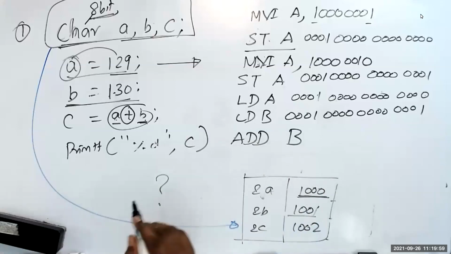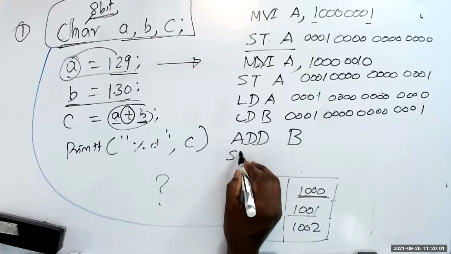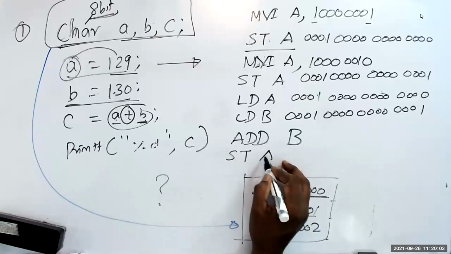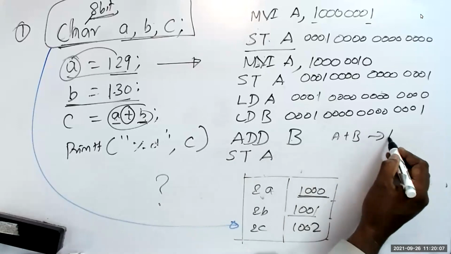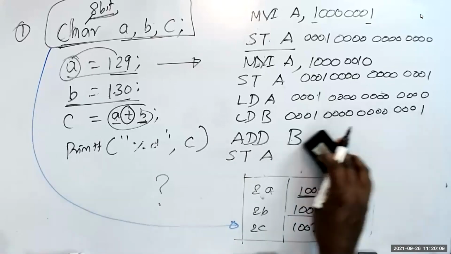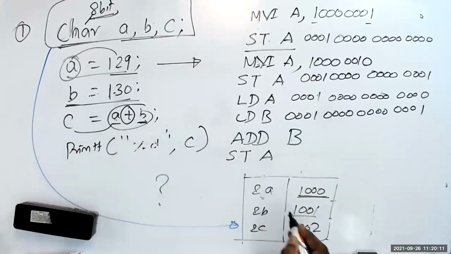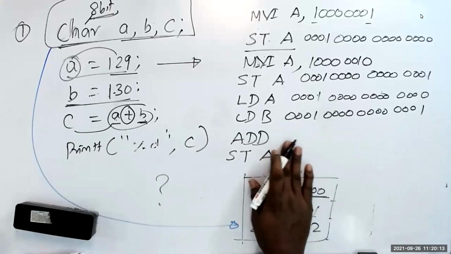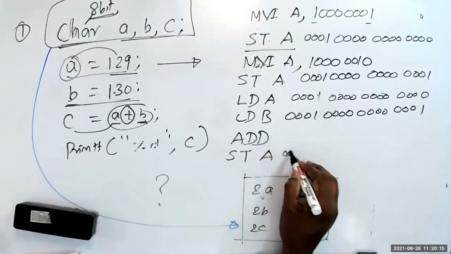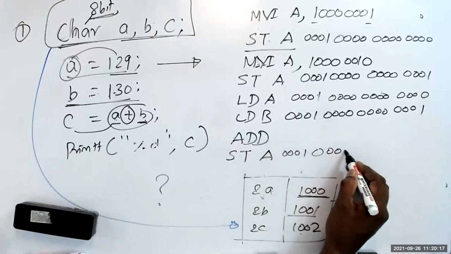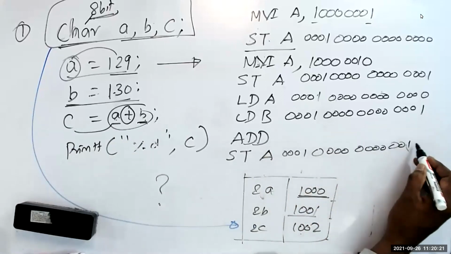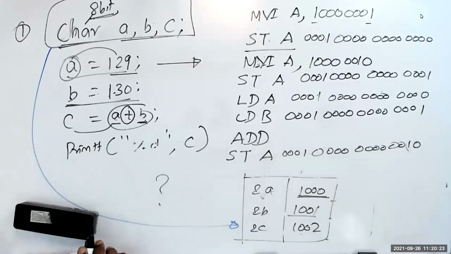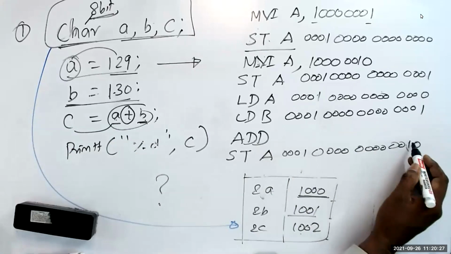Now I say store accumulator, because add B means A plus B, the result into A. It is already there in A. And you are trying to store it in C. C means store A 0001 10. Okay. Now what is there in the location C?